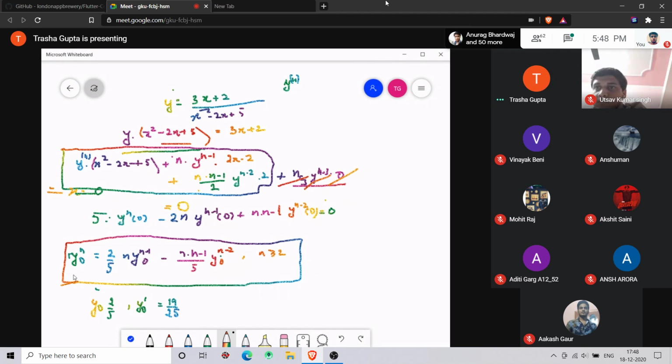Right? So if you want to find y2, how will you find it? Here you will substitute the value. What is n? 2. So what will this become? 2 by 5 into 2 into 19 by 25 minus 2 into 1 divided by 5 into, what is n minus 2? 2 by 5. This way you can calculate the values, and you can calculate the higher order derivatives of this function y, right? So this is how you can calculate the higher order derivatives of a function.